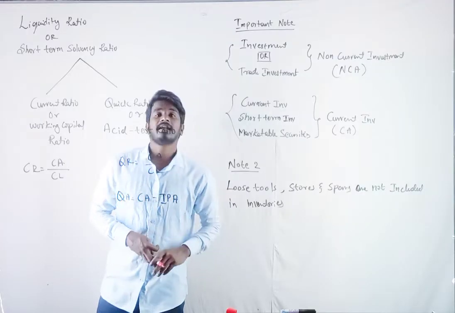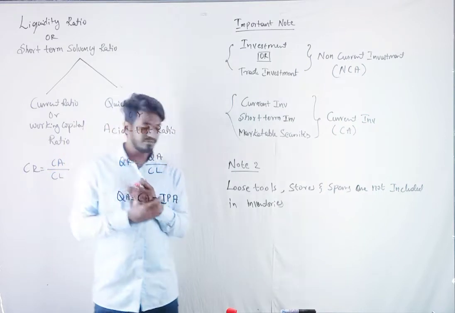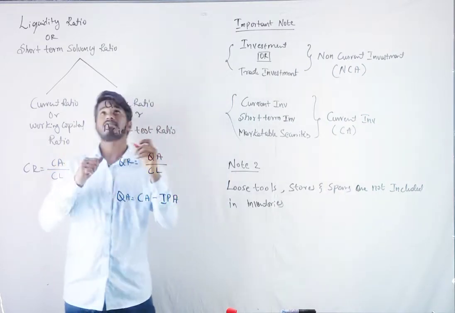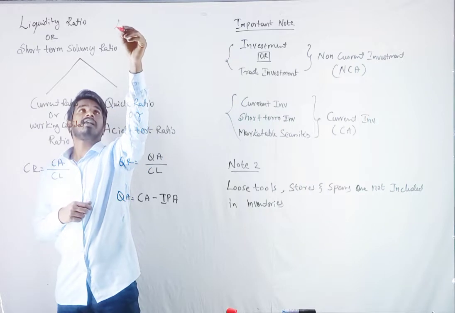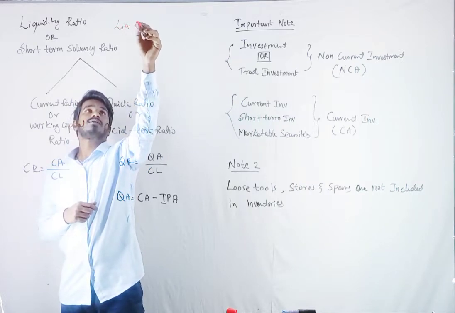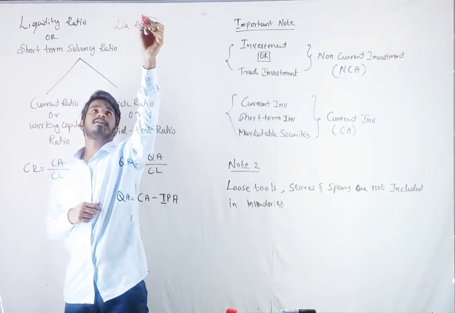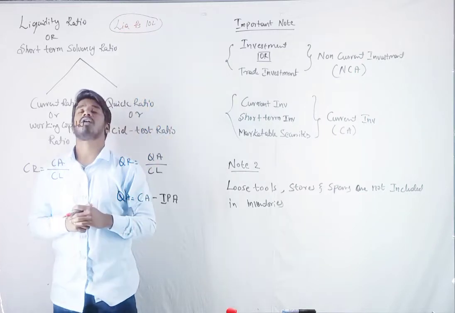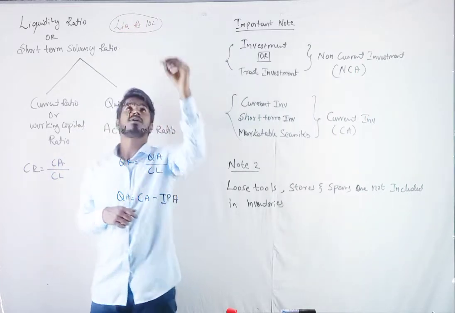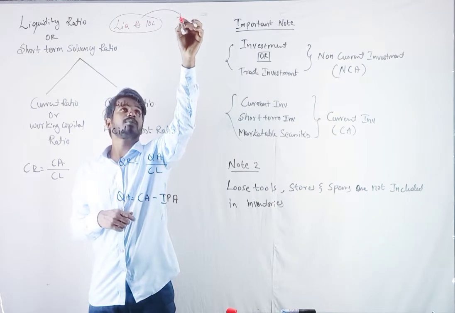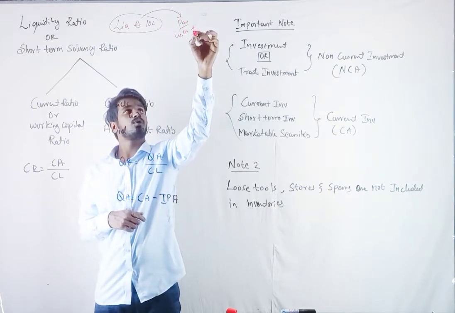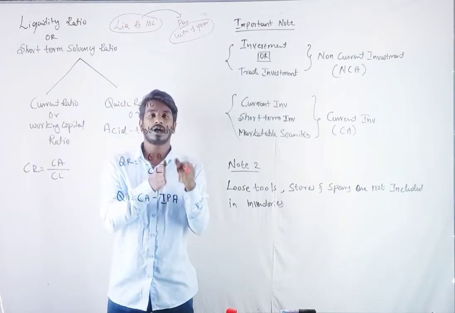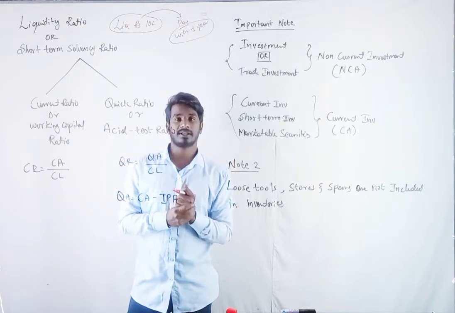What do you mean by liquidity ratio? Liquidity ratio means, let us say you have a liability of rupees 10 lakh. You should repay it within 1 year. Within 1 year you should repay the loan.